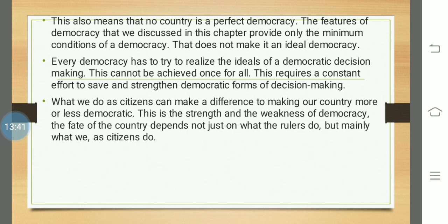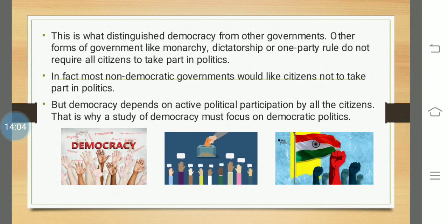So in order to prevent corruption and bad decision making, we have to be constant, all right. As citizens, we should see whether the democratic setup is proper, because it is for us that the democratic setup exists.